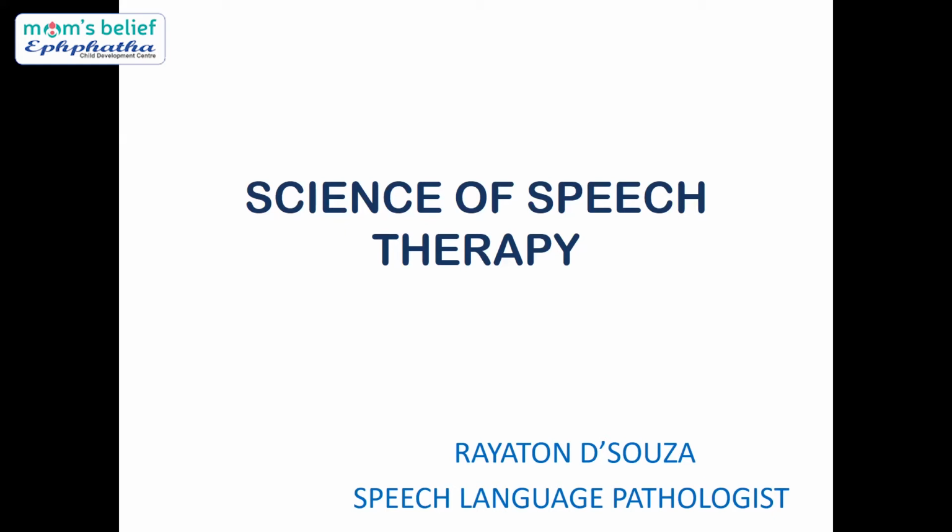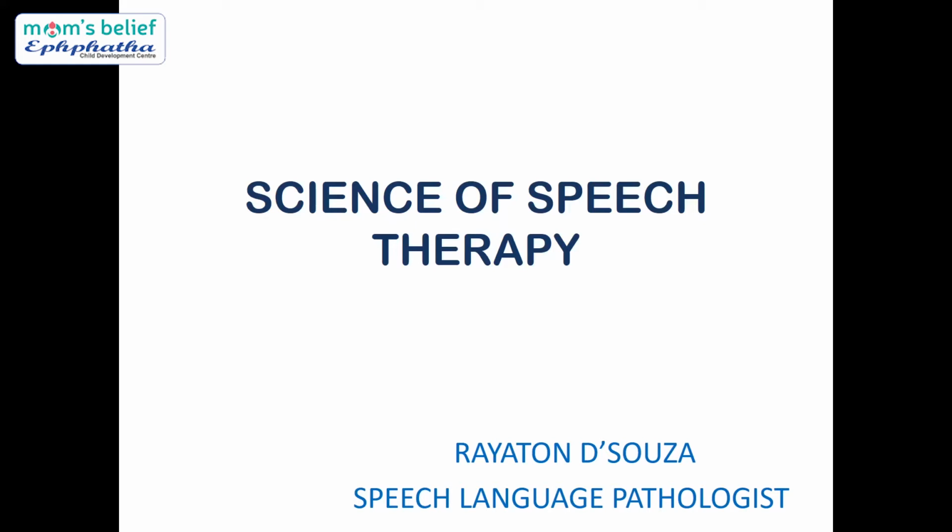The main motto of this topic is how to select speech therapy and what its main motives are, especially in children with autism and ADHD, or any of the language disorders.